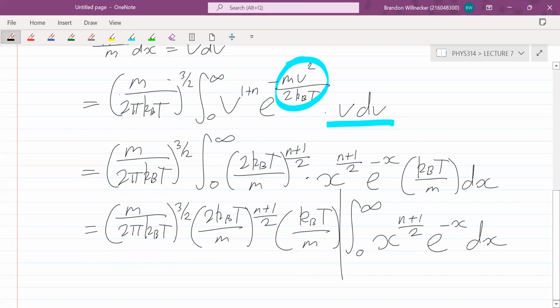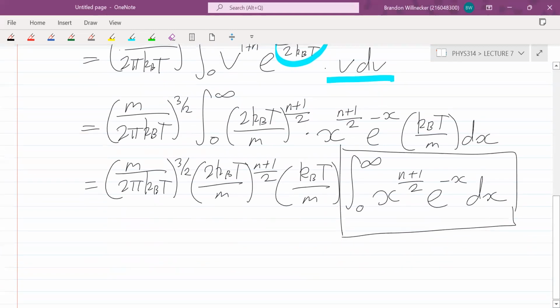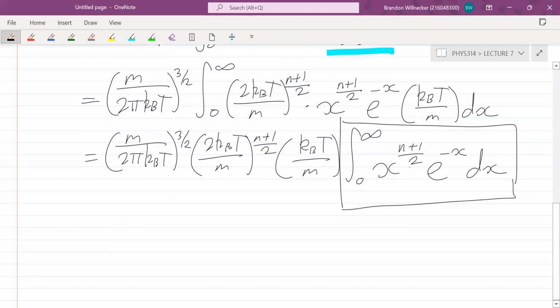And now this you should have done in Math 140, but we'll go over it again. You're going to do integration by parts on this, and after a couple of integration by parts, you'll see a pattern where this is actually equal to n plus 1 over 2 factorial. So this integral is another way of writing the factorial.